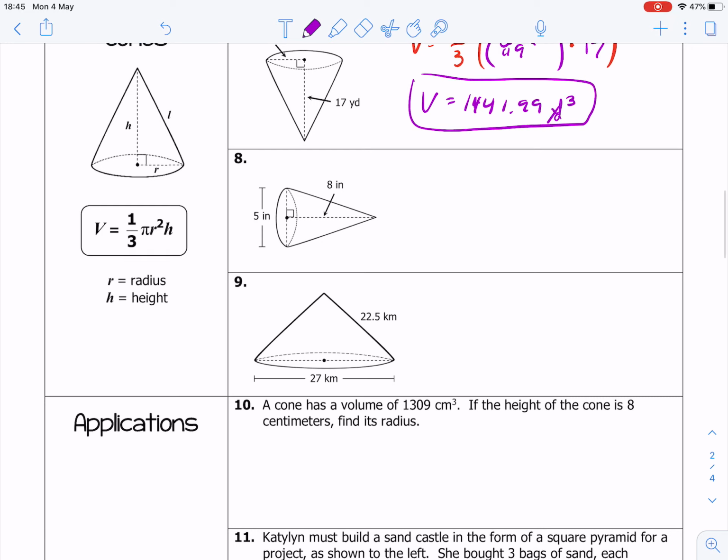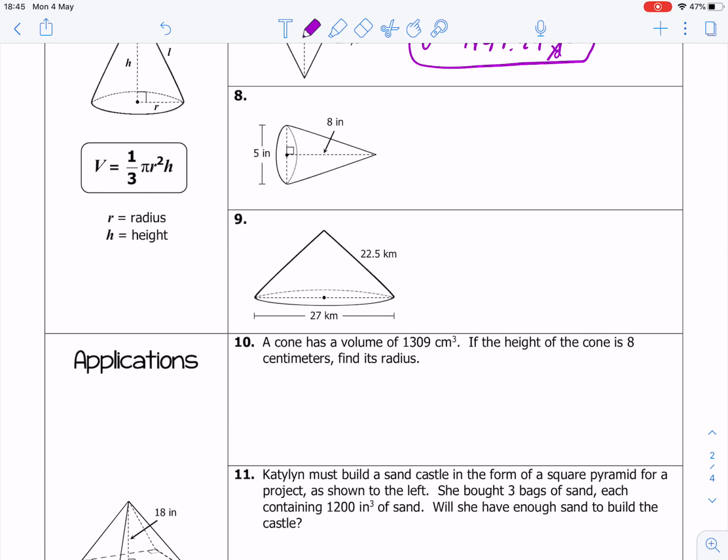Number 8, similar, except they give us the diameter instead of the radius, so you just divide 5 by 2, which is 2.5. Number 9 is a little bit trickier. So the volume is going to be 1/3 of the whole cylinder, and then to find the volume of the cylinder, we take the distance between the bases, that we don't know, times the area of the base.